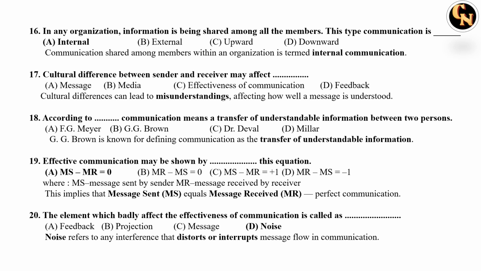Whereas if the principal is trying to communicate with the university, then such type of communication we will call external communication. Okay, so there are different types of communication. So what is asked in the question is internal communication.